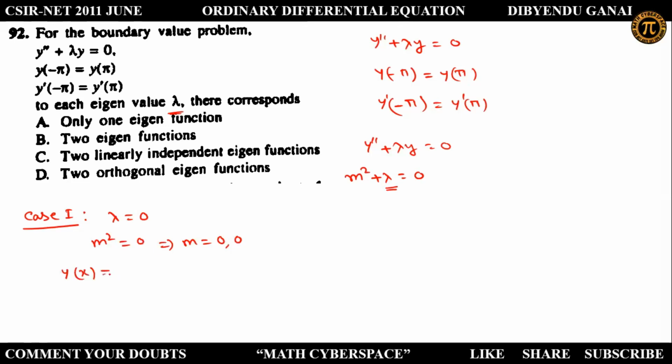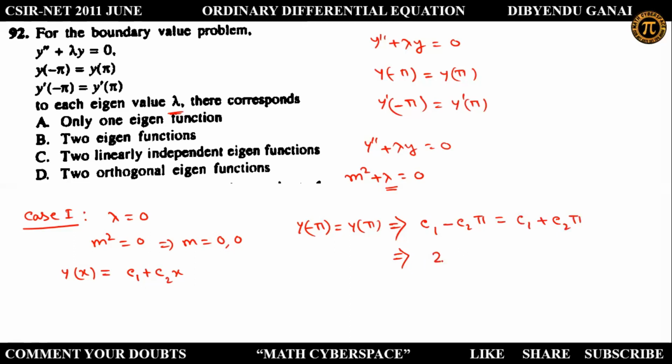So what is the solution? y(x) = c1 + c2x, right? Now put the boundary condition. If we put the boundary condition y(−π) = y(π), this implies c1 − c2π = c1 + c2π.